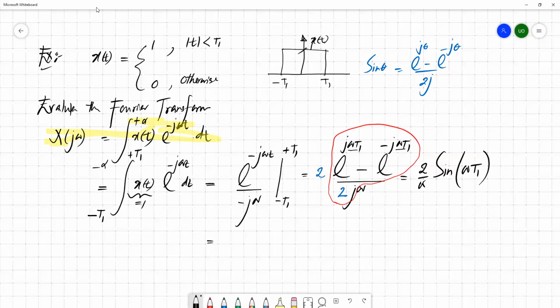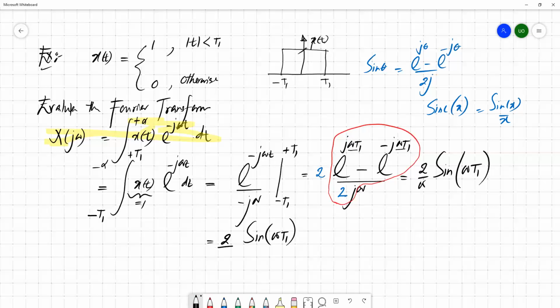So we know that if you have a sine function, we can use this sinc. So we know that sinc x equals sine x divided by x. So we can use that as well to simplify it further. Okay, so you have 2 omega sine omega t1. So we have omega here.